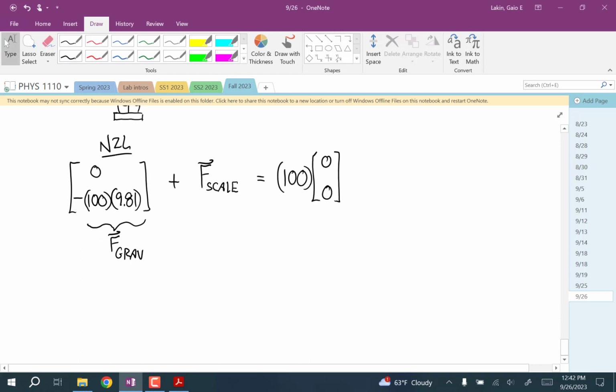And so I'll rewrite this with an x component equation and a y component equation. The x component equation says 0 plus the x component of this scale force, so 0 plus F scale x, is equal to 100 times 0, so 0.